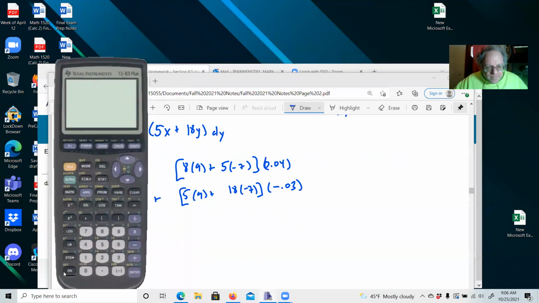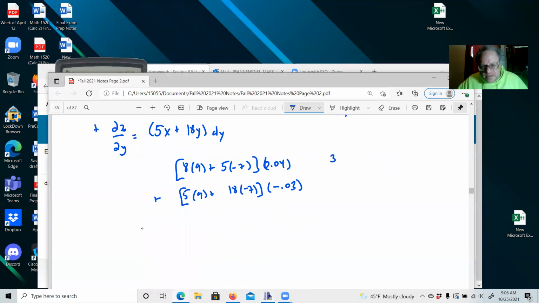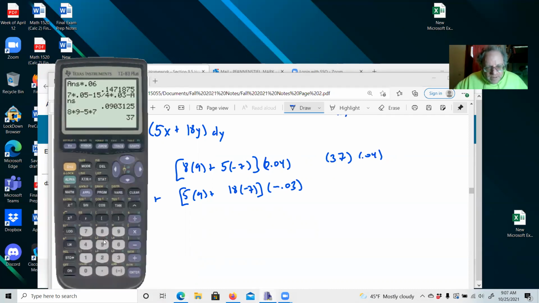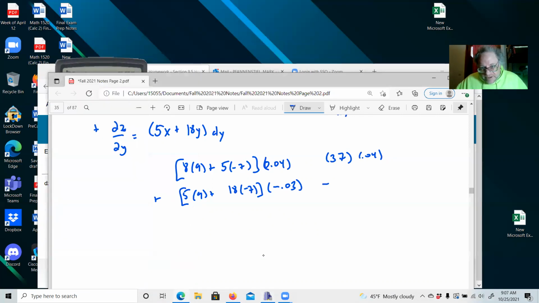So we have 8 times 9 minus 5 times 7 equals 37, and there's a 0.04 here. What else do we have? We have 5 times 9 plus 18 times -7, which is -81, times the -0.03 here.